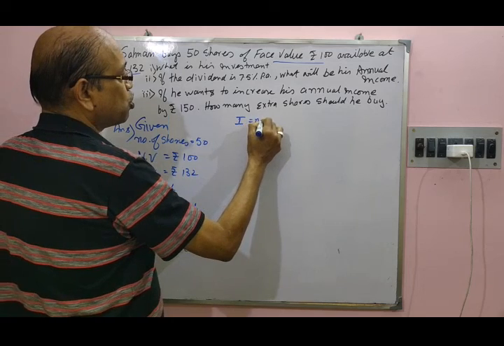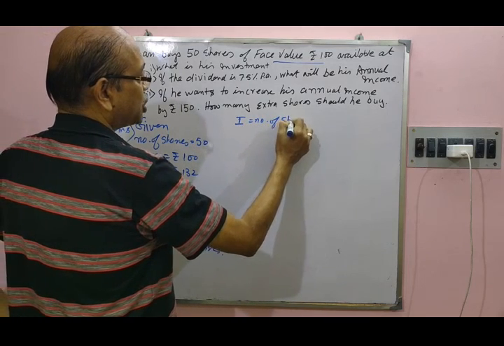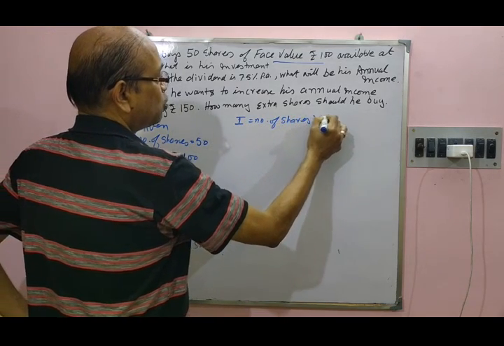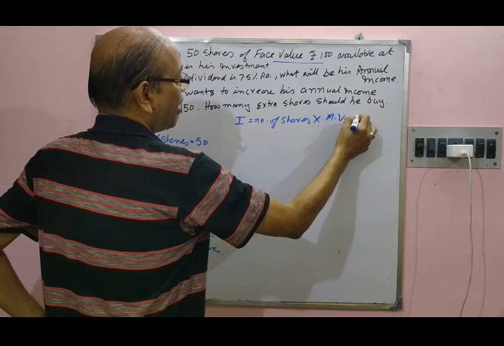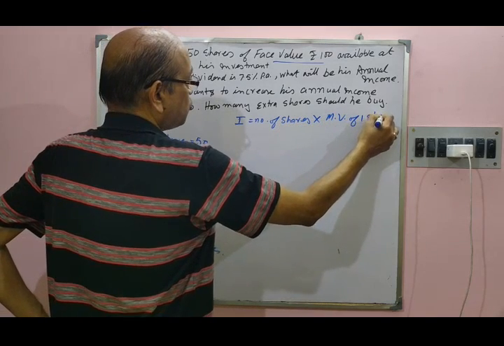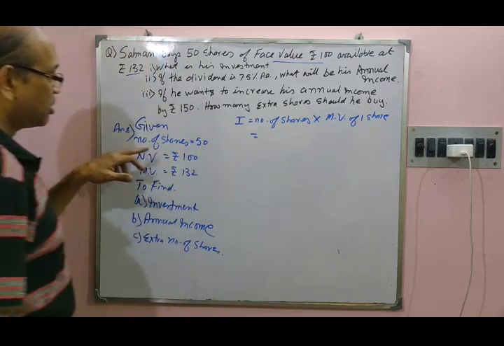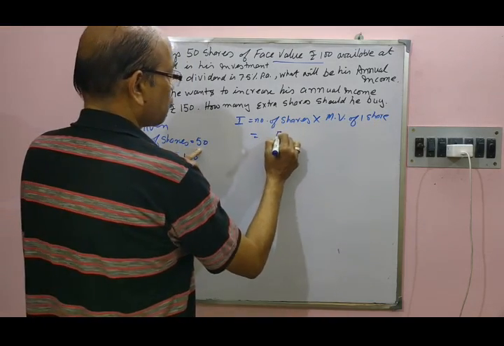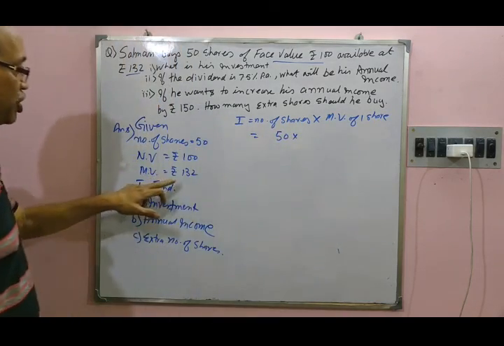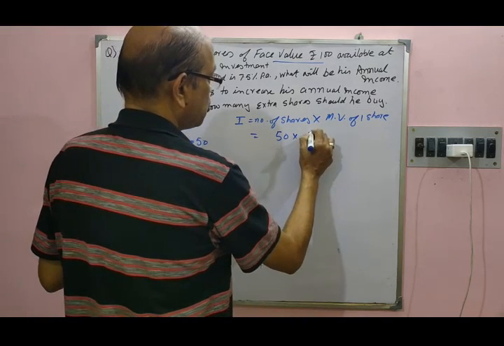Investment is equal to number of shares, the formula, into market value of one share. Number of shares 50, market value of one share 132.